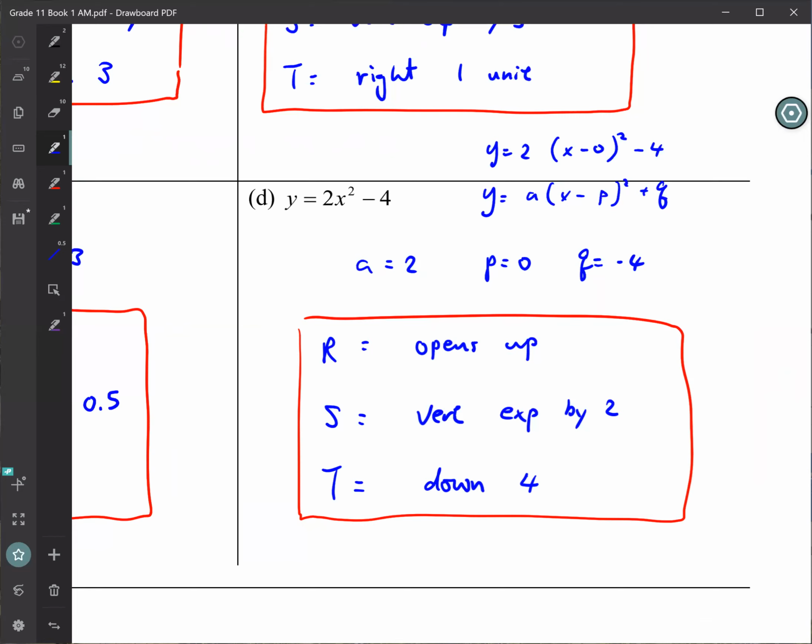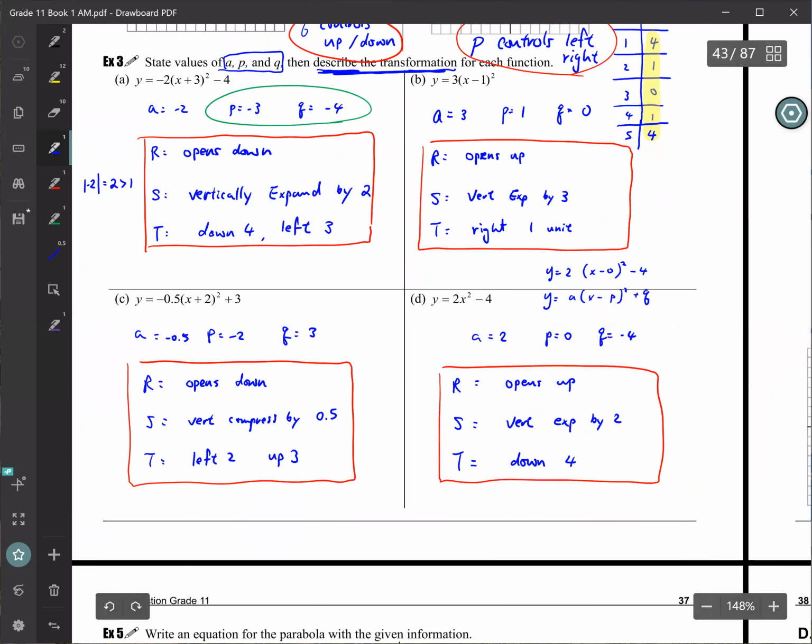Now in the homework, you might get a question that has A equal to 1. For example, you can make a note here. If you get a question like this one, let's say x minus 3 squared plus 5, okay? So what's the R then? What's the reflection here? Eric? There's no reflection, right?